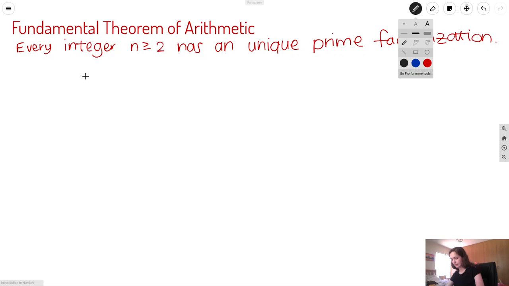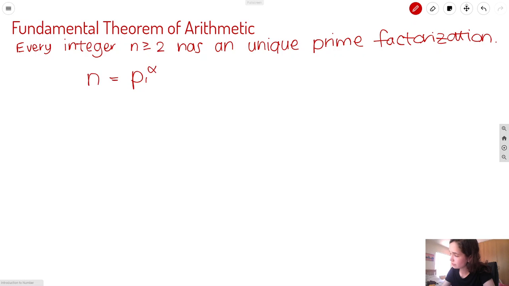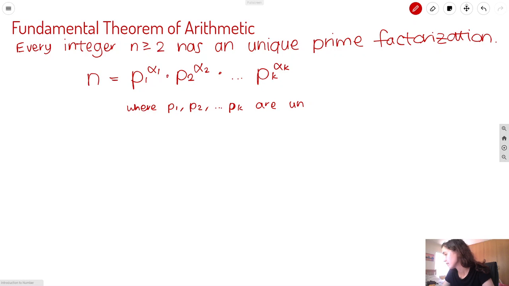So let's look at n equal to p1 to the power alpha 1, p2 to the power alpha 2, on and on until pk to the power alpha k, where p1, p2 till pk are unique primes, and where alpha 1, alpha 2 to alpha k are, let's write this, natural numbers.